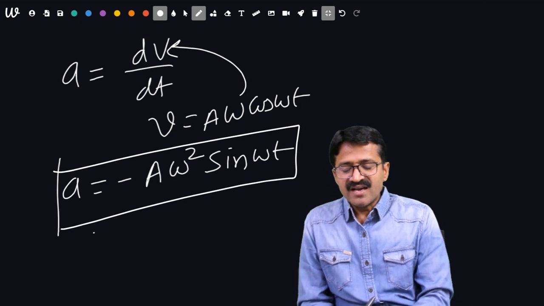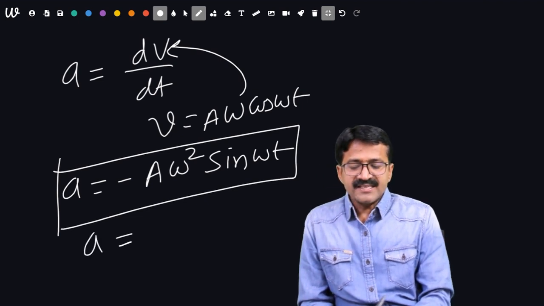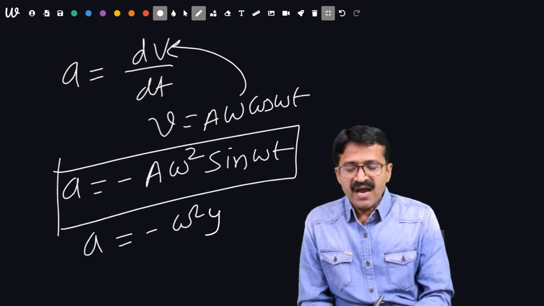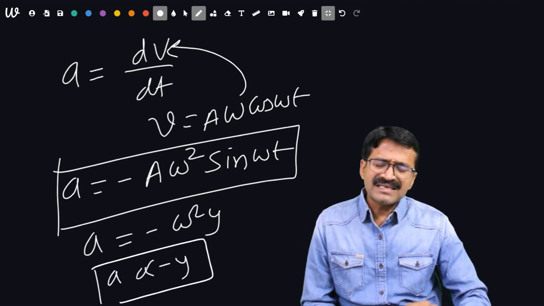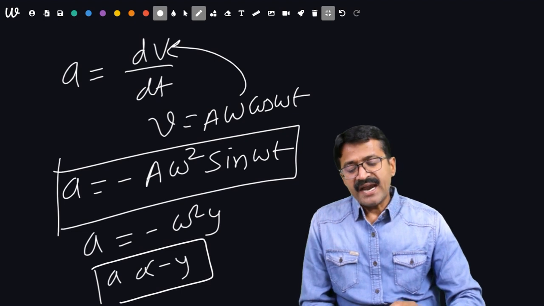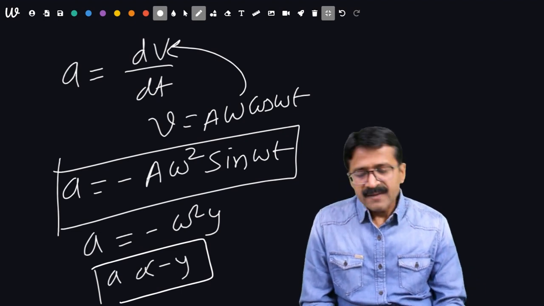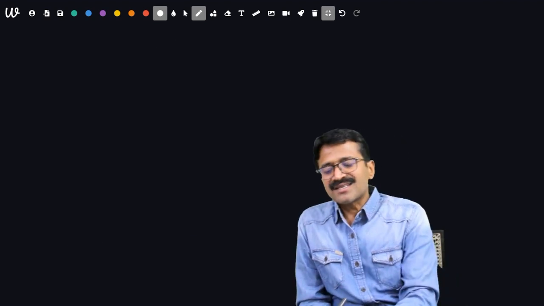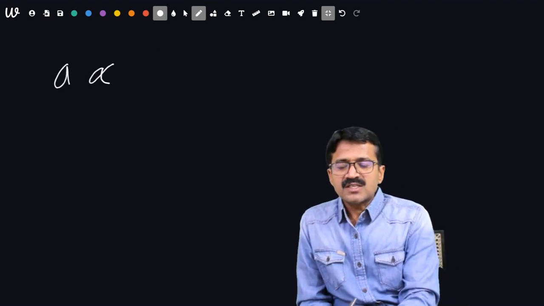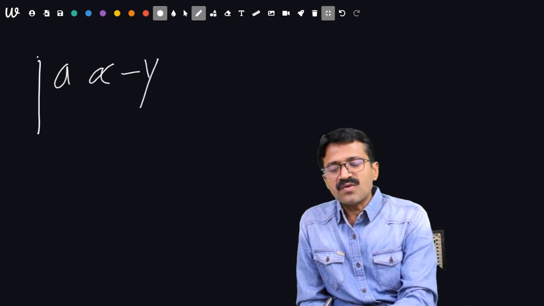Again, the result is a is equal to minus omega square y, a proportional to minus y. So there are two basic relations upon this. And what about the questions? The question can be how acceleration changes with displacement. Acceleration will change with displacement as minus of y.